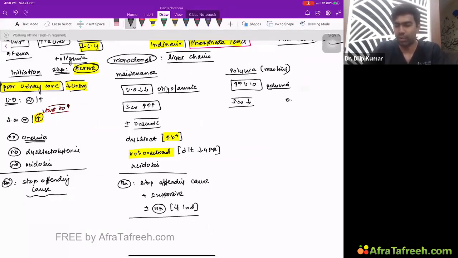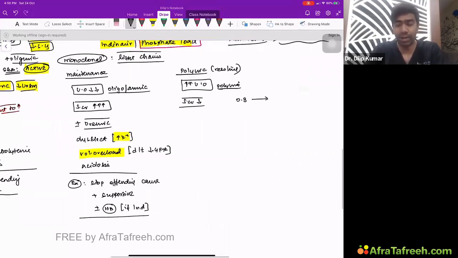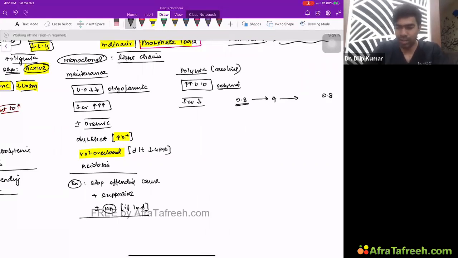For example, start with 0.8 during the initiation, and in the maintenance phase it becomes 4. After that, either it might become 0.8, come back to normal, or it might go to somewhere around 1.9 and be maintained there. What I'm trying to tell is there might be a permanent loss in the GFR of the patient, or the patient might come back to normal renal function, normal GFR.